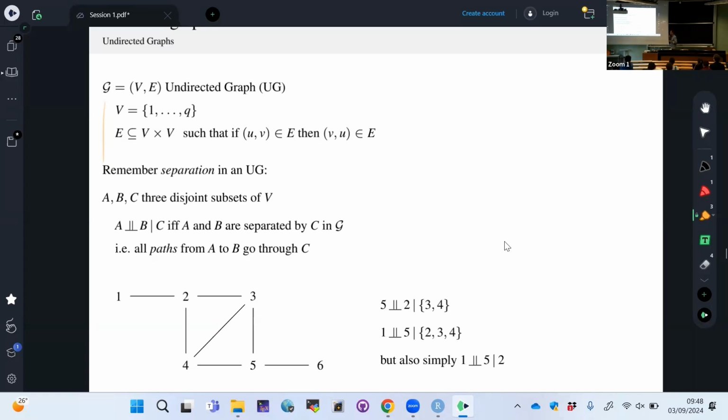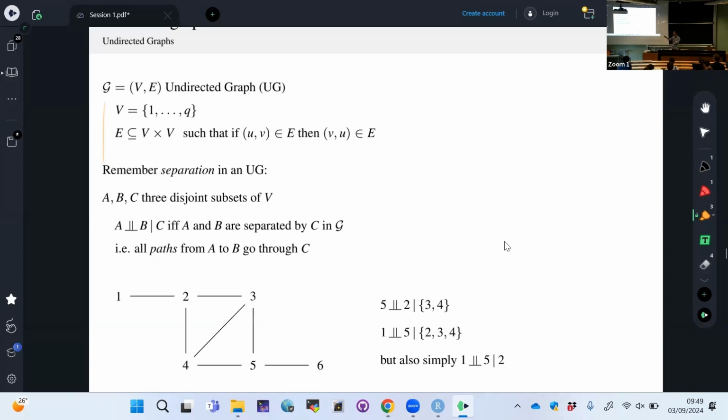And what does it mean? It means that all paths from A to B, namely from vertices that are in A to vertices that are in set B, must go through elements that are in C. Okay, so just as an example, here we have that 5 and 2 are independent given 3 and 4, because if you want to move from 5 to 2 or from 2 to 5, you must pass through 3 and 4, right?